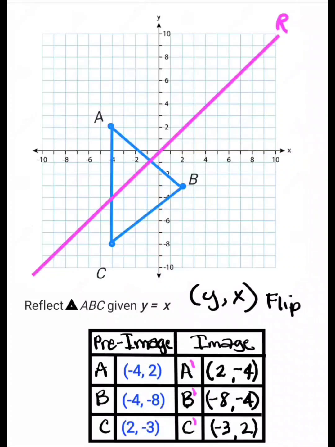Let's go ahead and graph. So A prime is 2, -4. So we're going to go 2 and then down to -4 down here. So 2, -4 is right there.